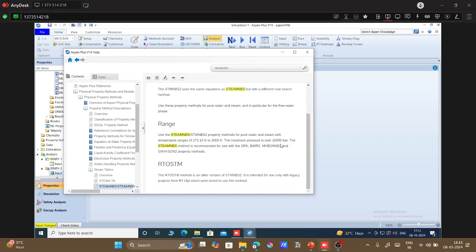The maximum pressure is 10,000 bar. The steam NBS method is recommended for use with SRK.